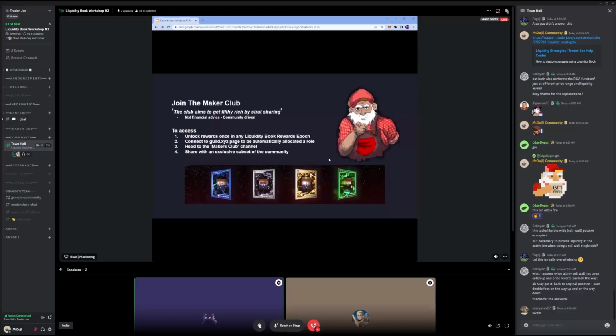We'll have news on that soon. By participating as a liquidity provider in these reward epochs, if you qualify, you will unlock a maker reward and a maker role, and that gives you access to the Makers Club. There are also cool NFTs that you can mint if you're successful in unlocking this role.